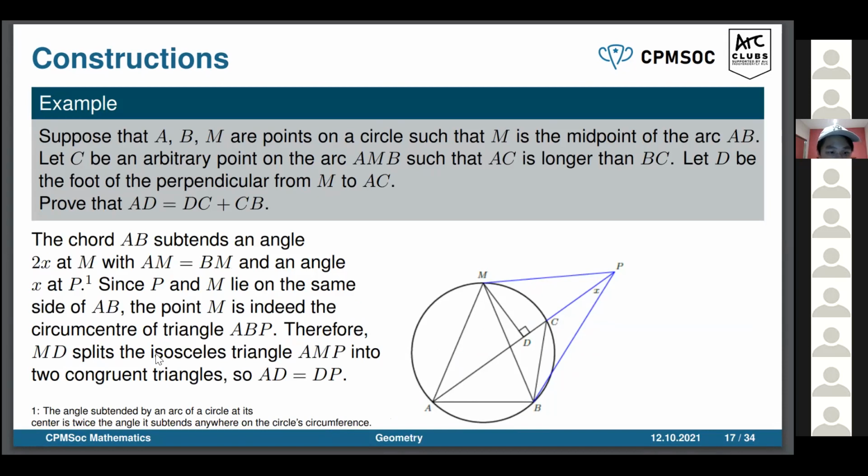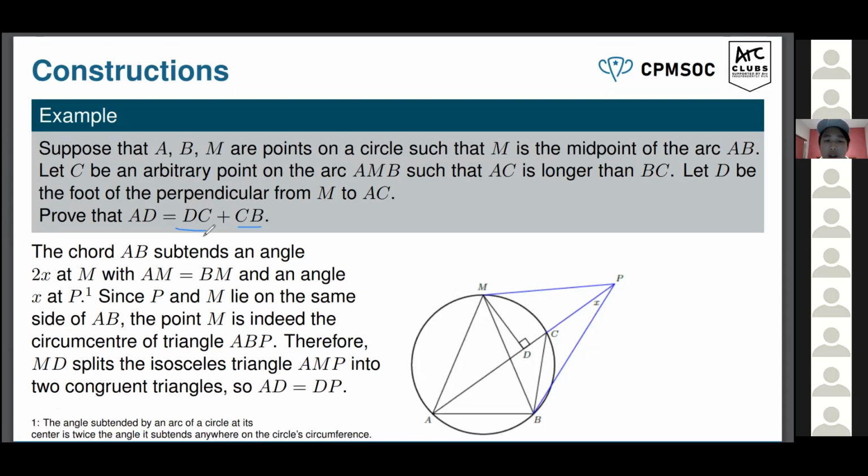And therefore, MD splits the isosceles triangle AMP into 2 congruent triangles, and therefore AD is equal to DP. Yep. So we basically did this question by doing a very nice construction, which combined 2 separate lengths into 1 length. And that made our proof a lot easier.